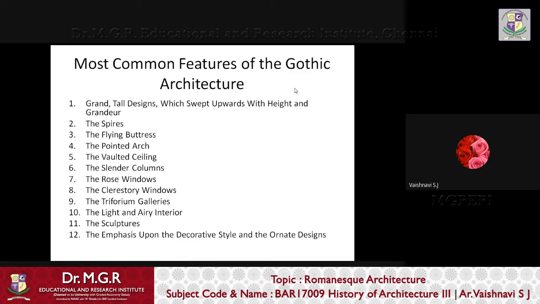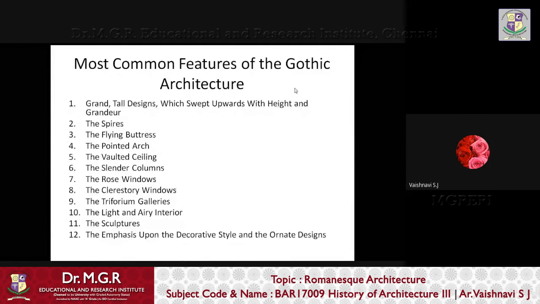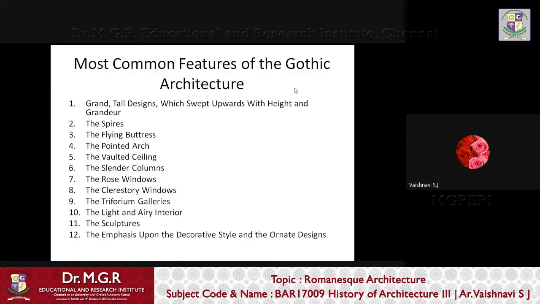The main element is the pointed arch, and the fifth one is the vaulted ceiling, where they used different types of ceiling for different spaces. If the span of the vault is different, then they will have different types of vaults. So you can have a ribbed vault or barrel vault depending upon the span where you are going to give it. Next one is slender columns.